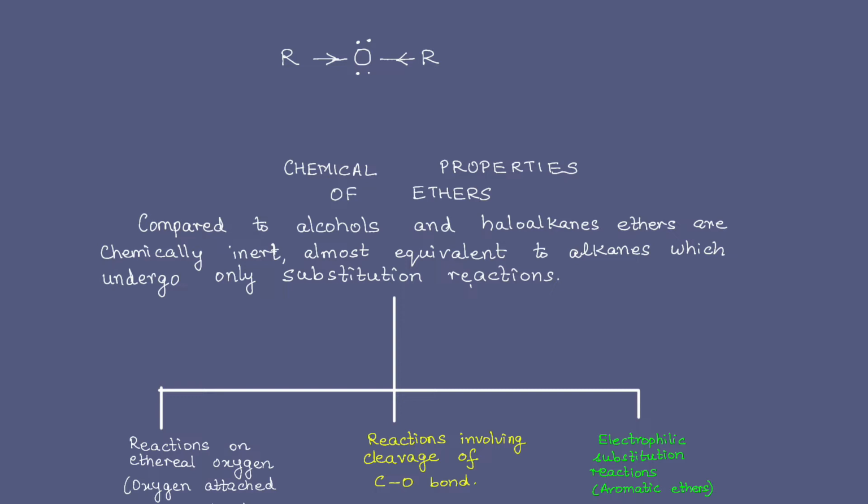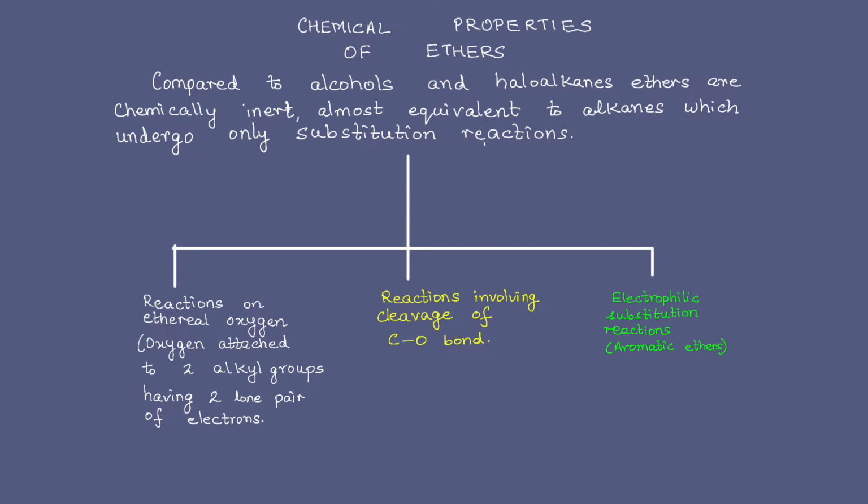So it is in no mood to show any kind of further reactivity. So if you talk about nucleophilic substitution reactions, no, they do not easily undergo this. It is very difficult to break this particular bond in order to cause substitution. So that means if nucleophilic substitution reactions are less, we will have to do very few reactions involving the cleavage of the C-O bond.